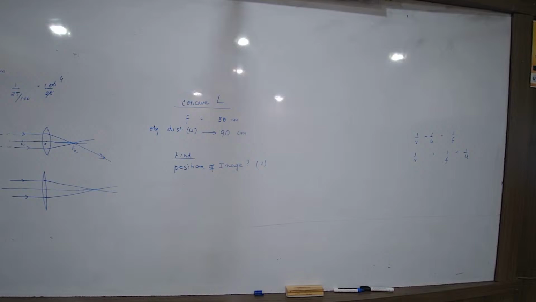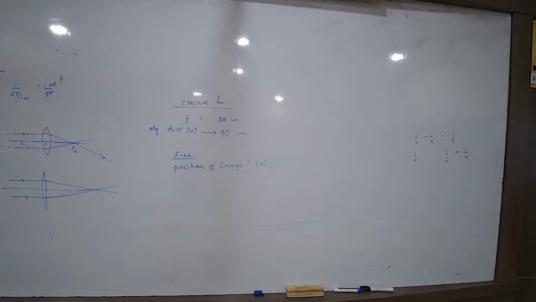Okay, so this becomes plus. Substitute the value. F is equal to negative, plus 1 upon U, but what is the value of U that you are taking? Negative 90.